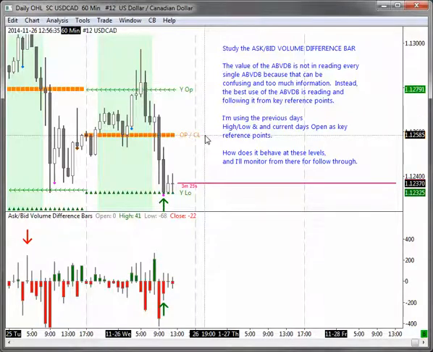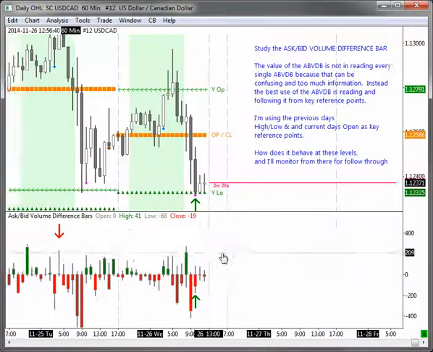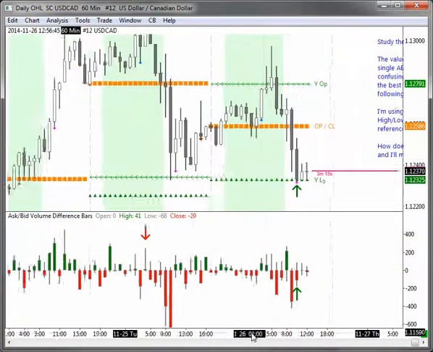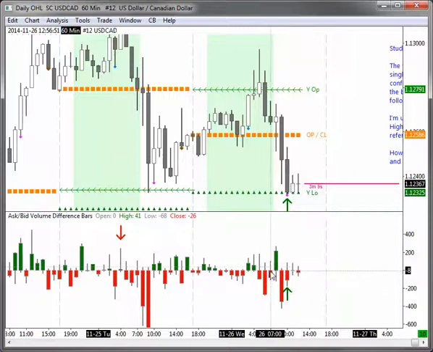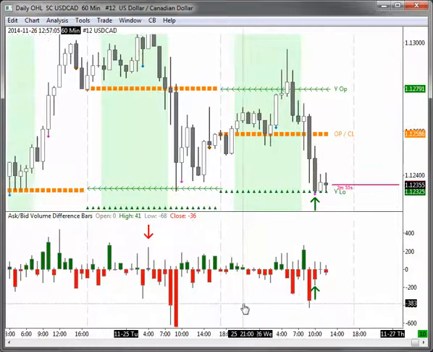Now, the potential insight in the ask bid volume difference bar is, well, first of all, what does it show? The individual bar is constructed in a way that there's a zero line, and above it shows that buyers were greater than sellers, and below it shows that sellers were greater than buyers.